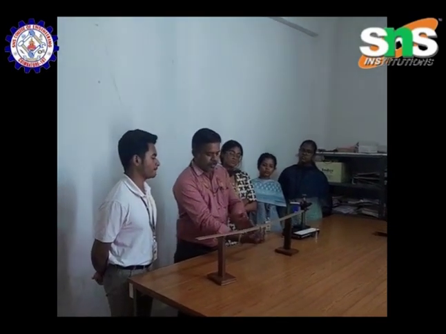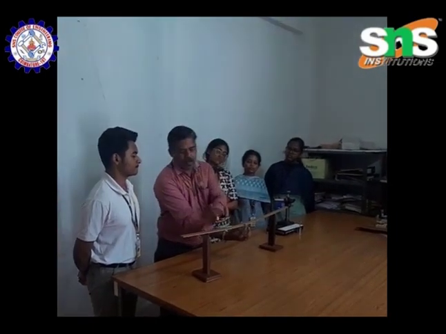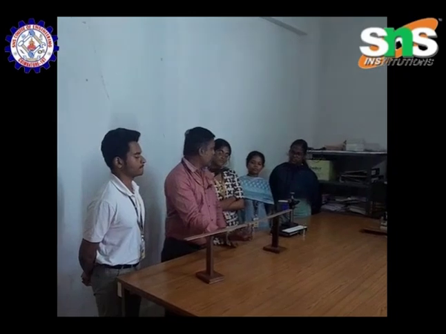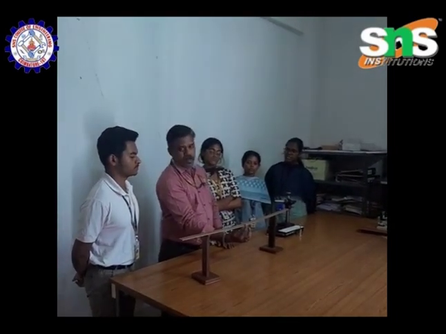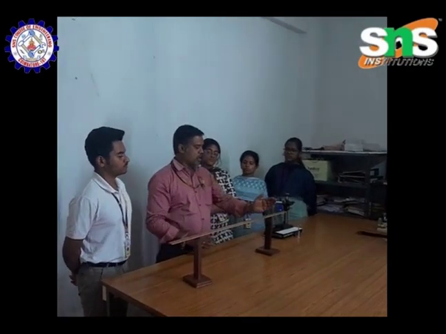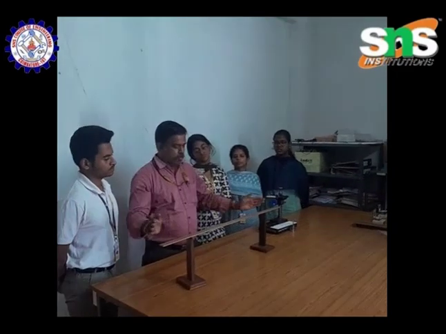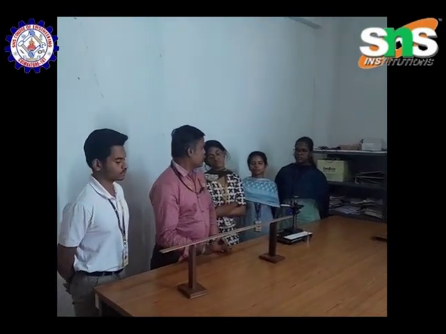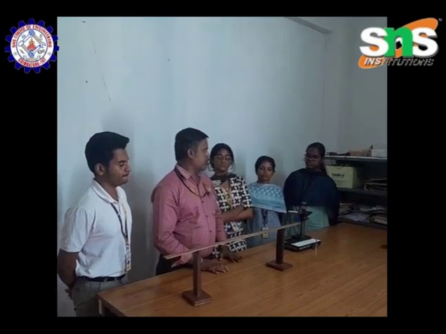For example, for 50 gram, 25 is here and another 25 is here. The weight is W equal to mg, mass into acceleration due to gravity, 9.8. So this is separated in two: mg by 2 and mg by 2. One load is equally separated in the depression mode. So this is all about bending of beams.